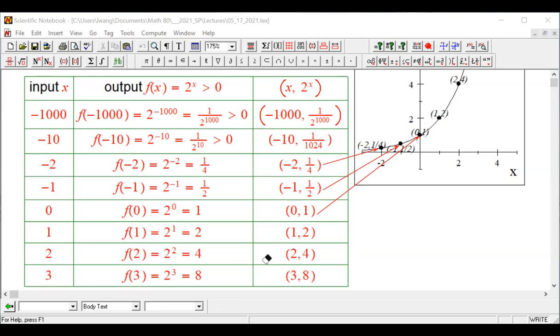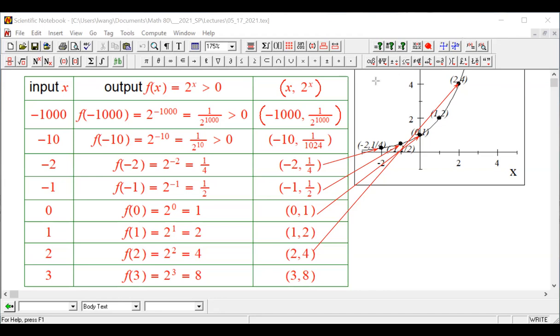And (2, 4): when input is 2, the output is 4, and that point goes right there. And (3, 8) is way above. So we got these points plotted and we connected the dots and we got the curve for 2 to the power of x. That's what we did last time.